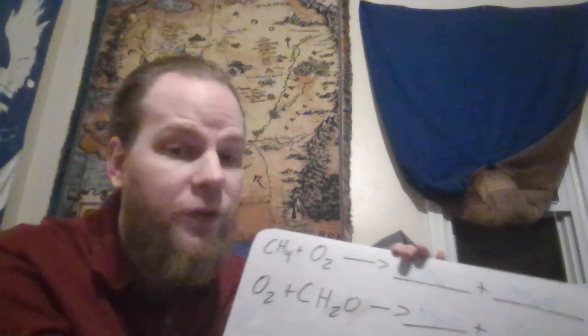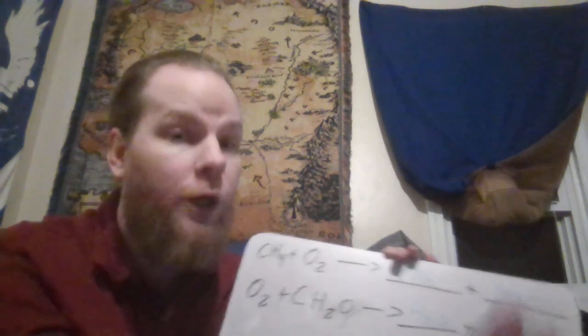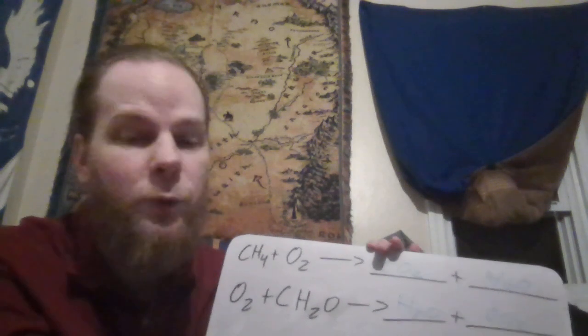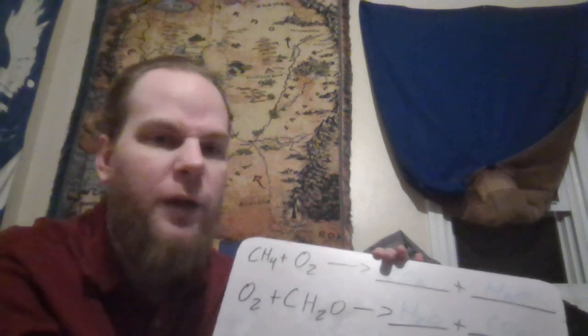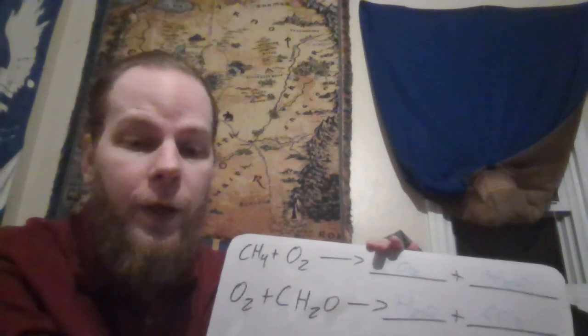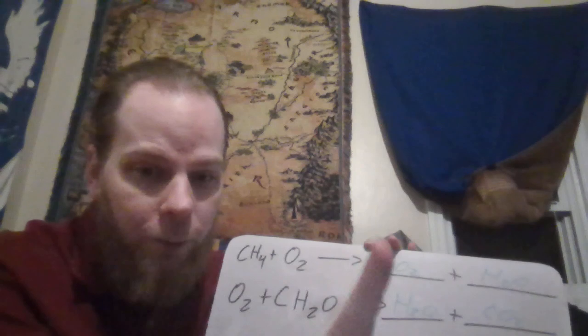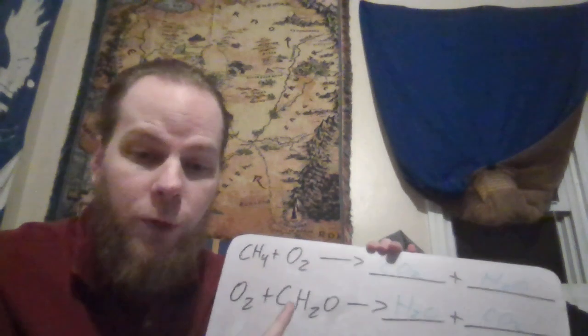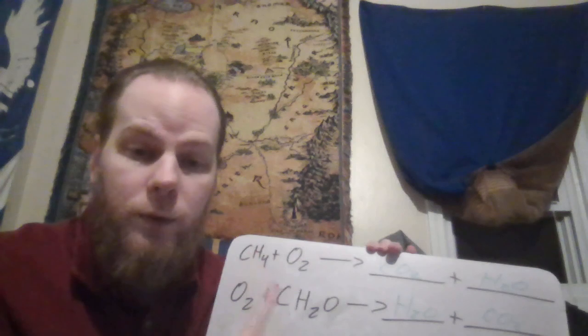Some of the single replacements on the other side of the worksheet also have oxygen gas. In fact, it's one of the more common ones you'll see in the long run. I tried to avoid it on this one, but you're going to see it in single replacements too. But you will never have a single replacement reaction that has an organic molecule in it as well.